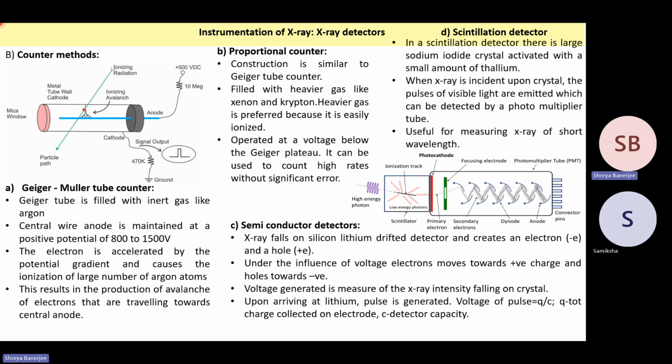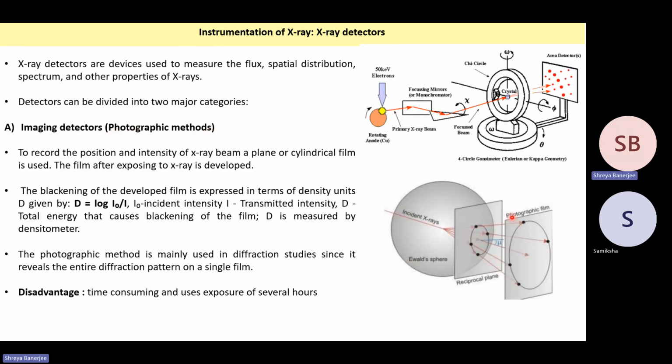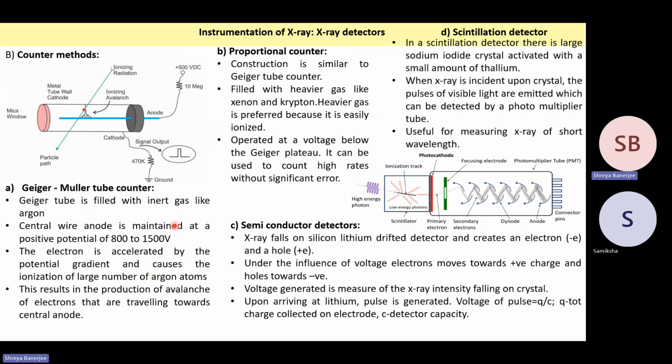So this was a photographic method where you had a photographic plate, and wherever the deflected X-rays were hitting, you would get dark spots. These are called counter methods.